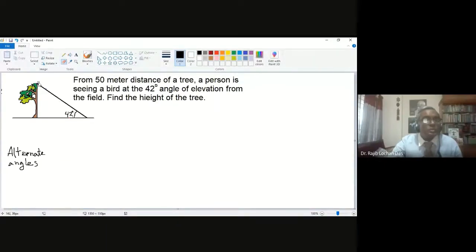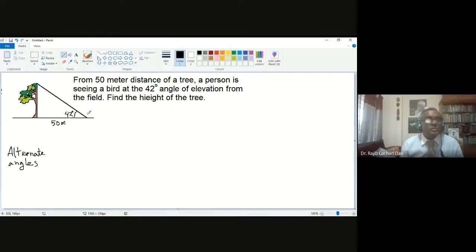So what is the 50 meter? Which one is the 50 meter? It is this, that is the distance of the tree. Okay, distance of the tree.